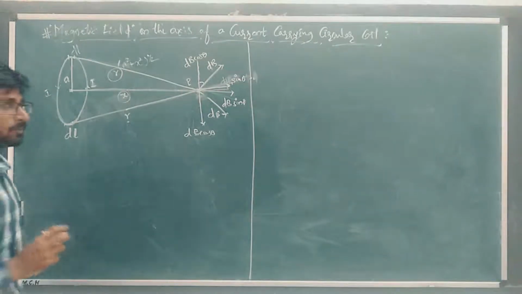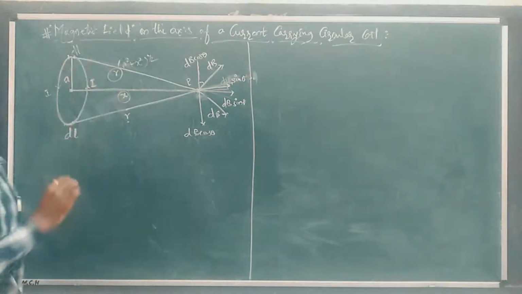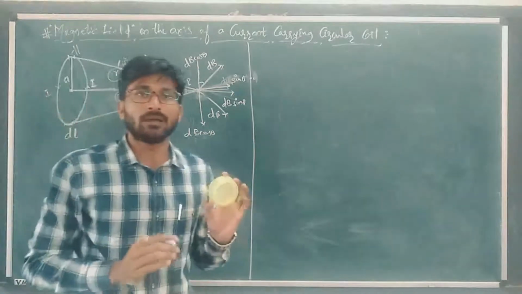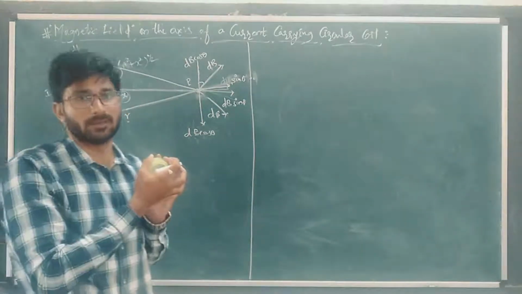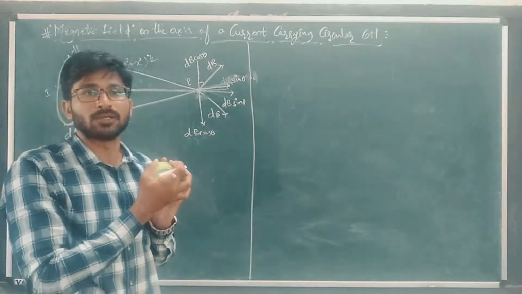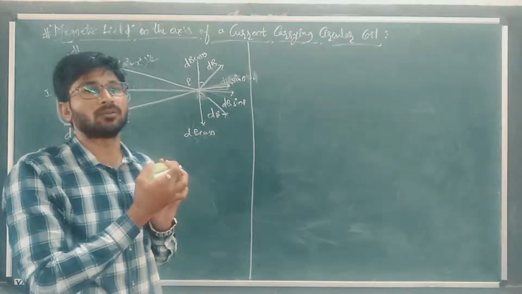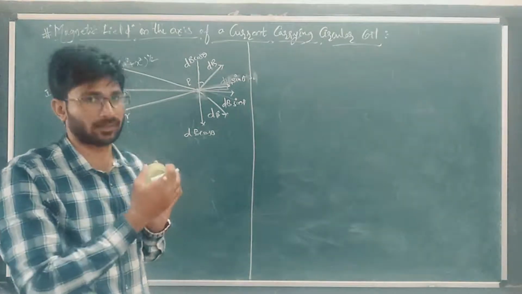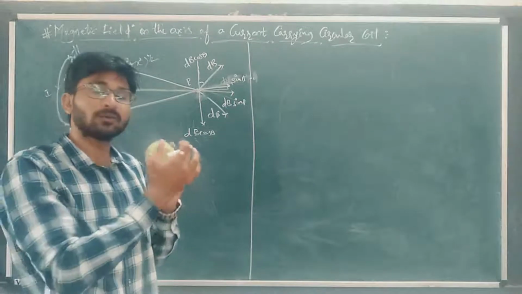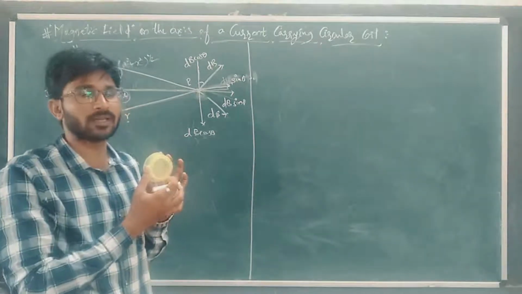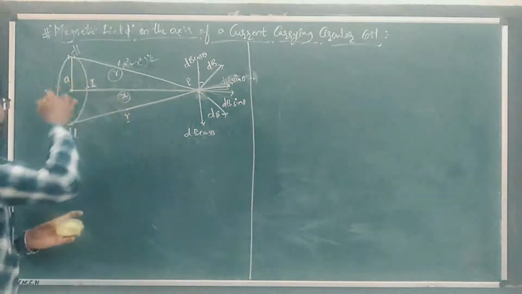You need to know what this dl is. In this circular coil, I am going to consider only a small element, so it will be easier to get the magnetic field along this axis. If you want the whole circular coil, at that moment we just need to integrate.